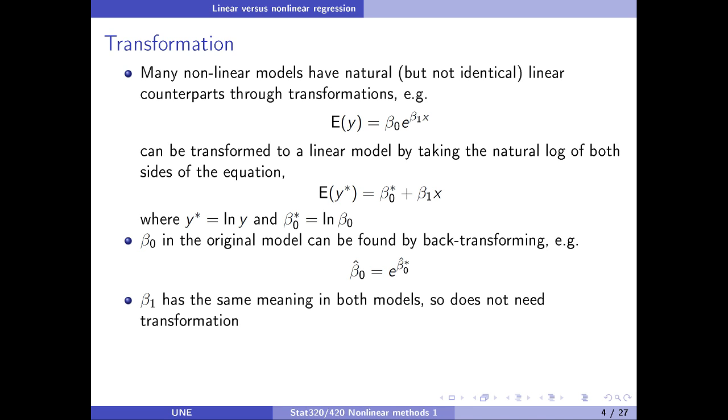Now, in this particular example, beta 1 has the same meaning in both models, so there would be no need to do any kind of transformation for it. If you're looking at, say, confidence intervals and you were back transforming, you just back transform the limits of your confidence interval. Now, of course, we've seen this sort of thing when we're doing logistic regression and other sorts of models.